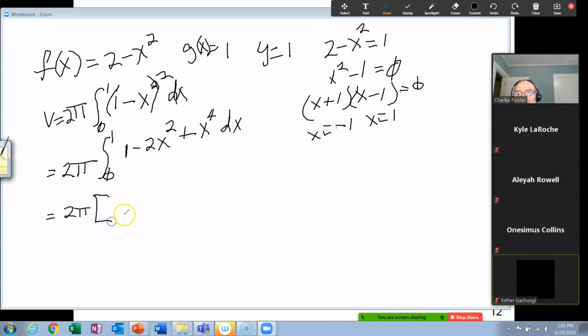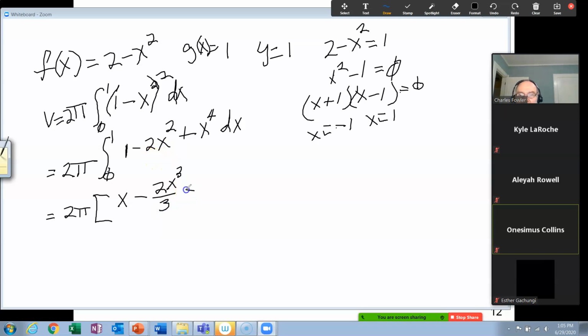times. Now, go back and try this again. What's the antiderivative of 1? Anyone remember? X, perfect. Minus, and what's the antiderivative of 2x squared? Okay, 2x cubed over 3. Don't forget your 2.